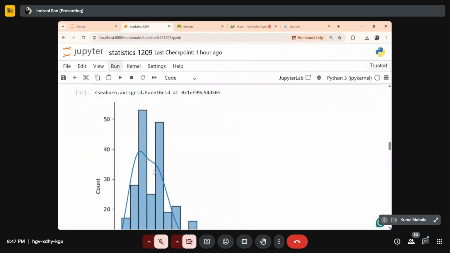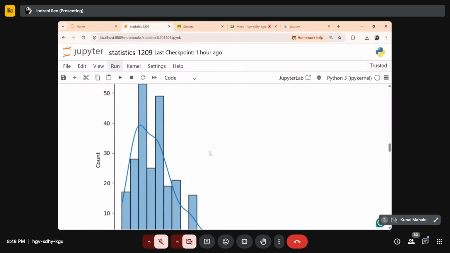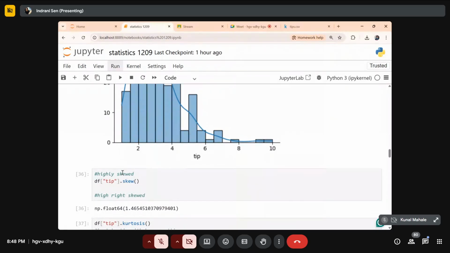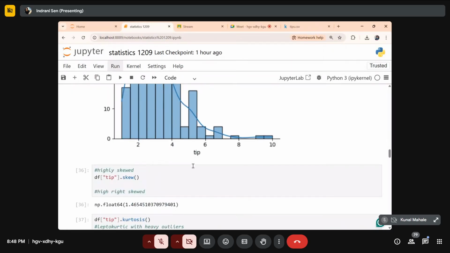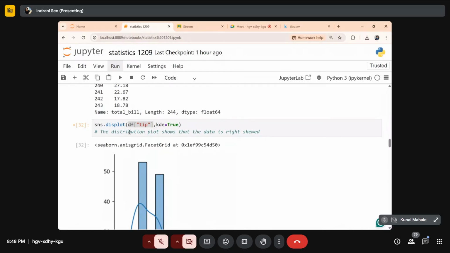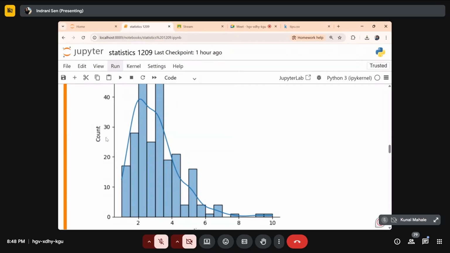We are doing this plot, which is a visualization called a distribution plot. It creates a histogram. We have to pass that column. It's called univariate analysis.